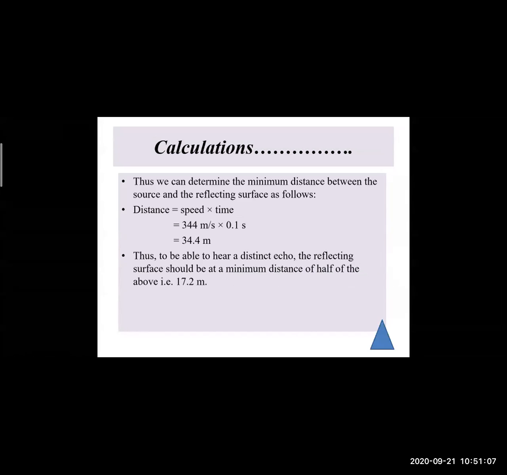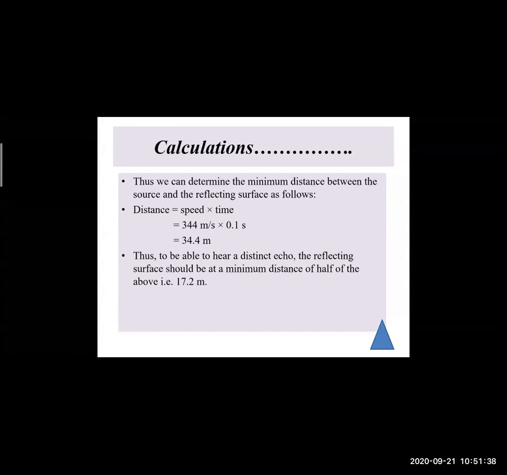So if we want to hear a distinct echo, the reflecting surface should be at a minimum distance of half of the above. That is, 34.4 meter will be the distance in which the sound will travel from the source to the reflecting surface and again from the reflecting surface to the ears.